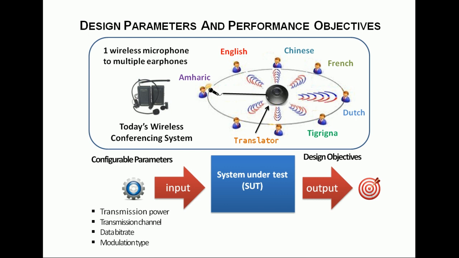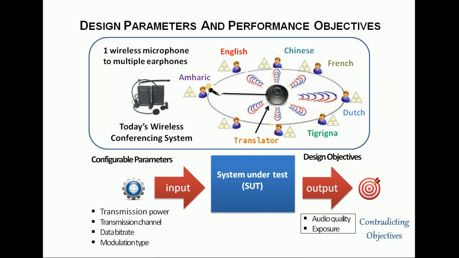Moreover, wireless solutions usually consider multiple contradicting objectives. Transmission exposure, for example, can be used as a second objective in this wireless conferencing system. Transmission exposure measures the level of electromagnetic radiation from a source as seen by a receiver.